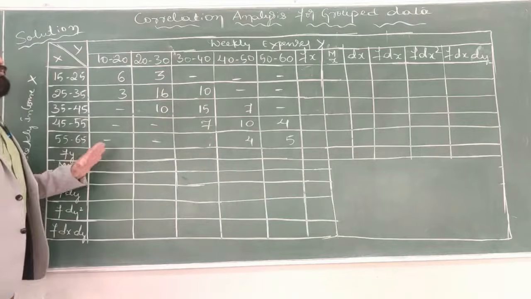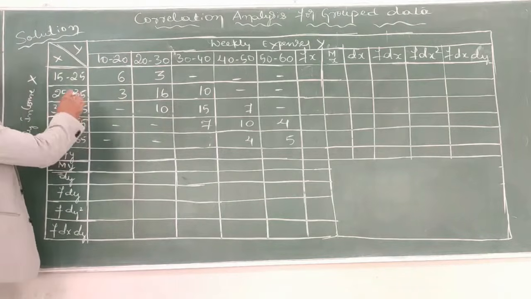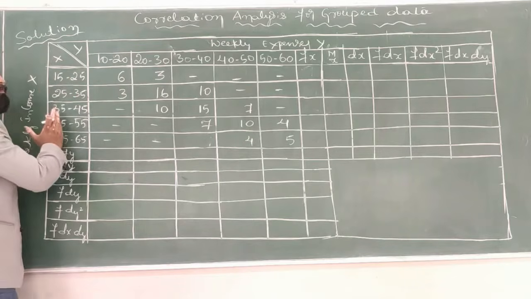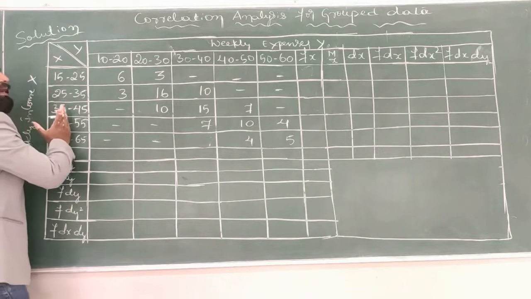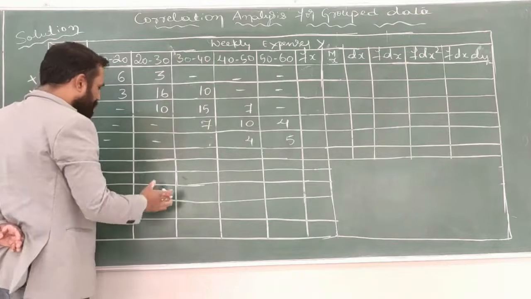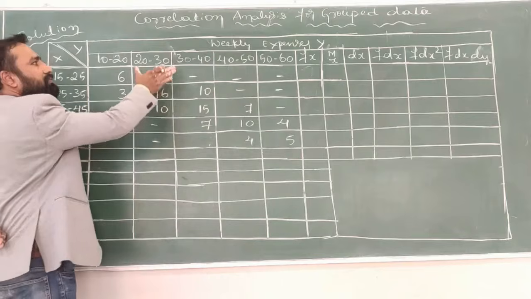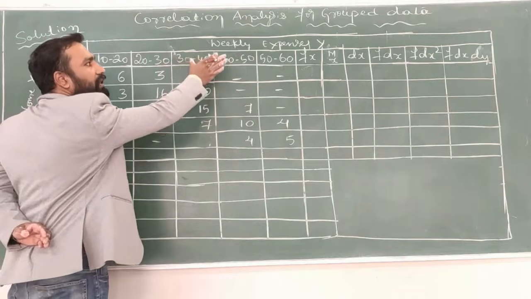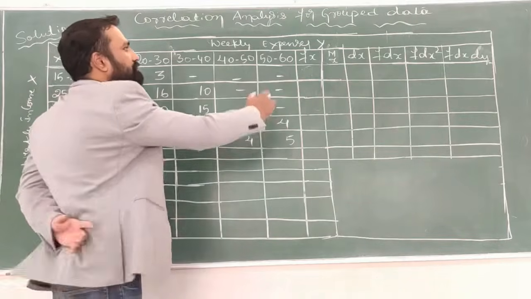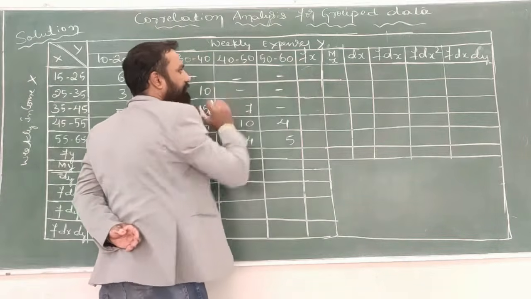How do we prepare this table? We always write the x variable values opposite to the class intervals of the x variable, and in the same way the y variable values opposite to the class intervals of the y variable. Let us find these values. First we have to find the fx values.